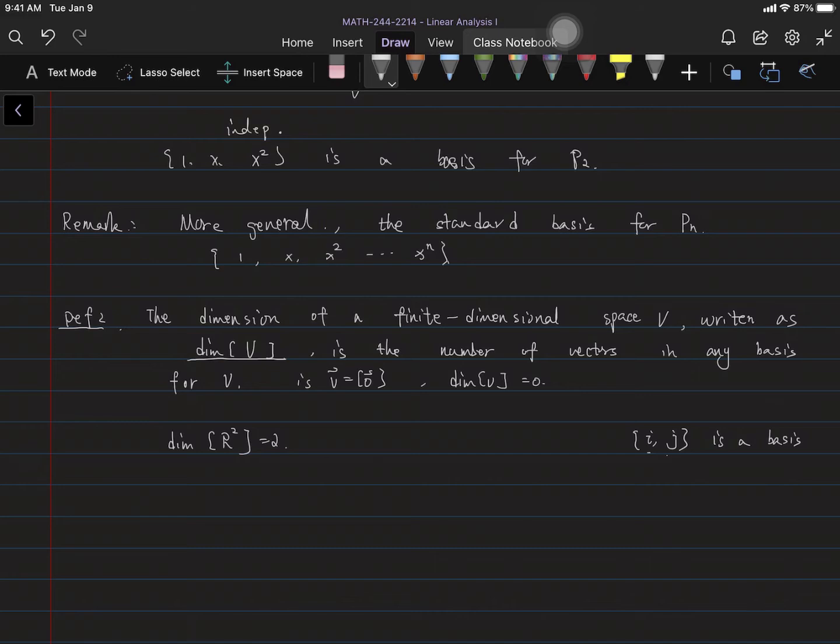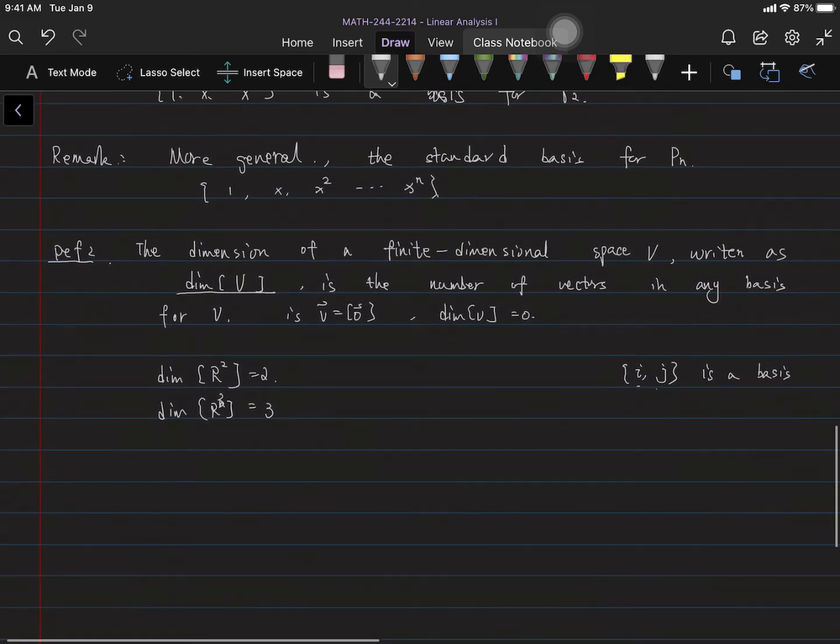Same thing for R3: it should be 3, three-dimensional, because i, j, k is the basis. So in general, Rn is n-dimensional space.